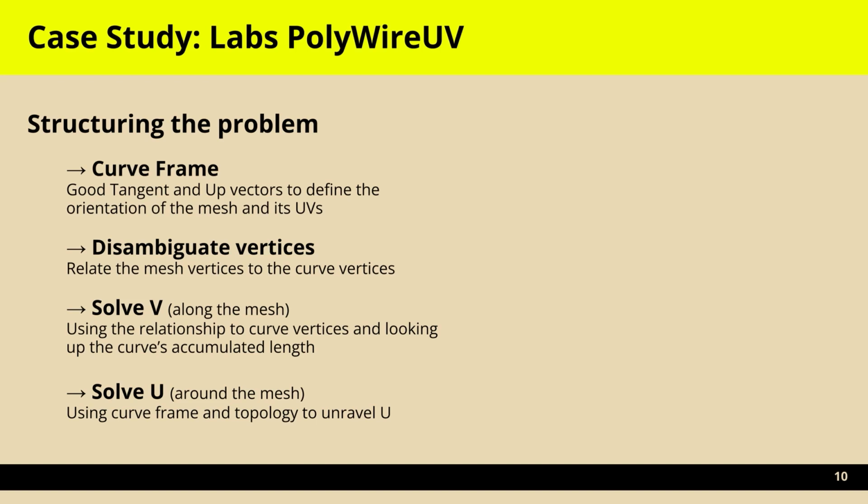The first one being how to reduce flipping. The way we do that is creating a frame of reference based on a good up and a good tangent. The second one is resolving and working out the vertex propagation of attributes. If we do that, then we can solve for the primitives as well.